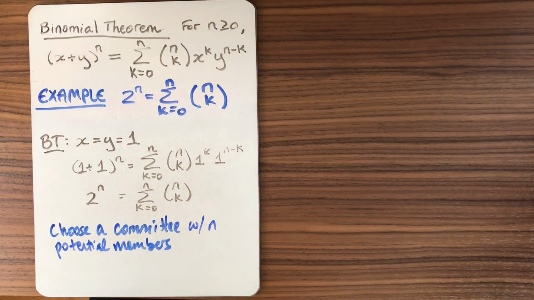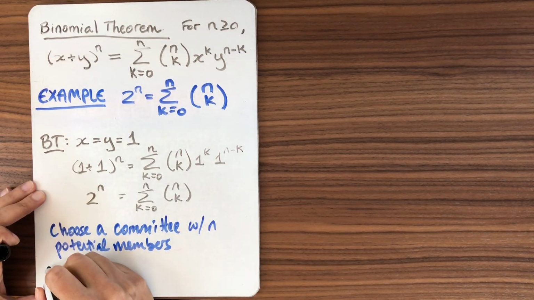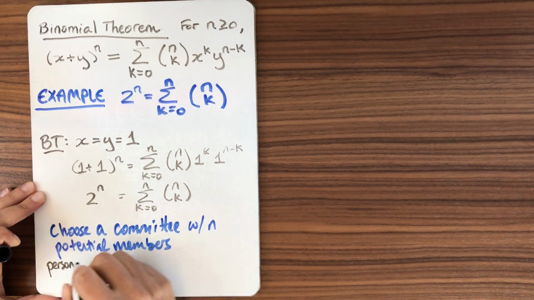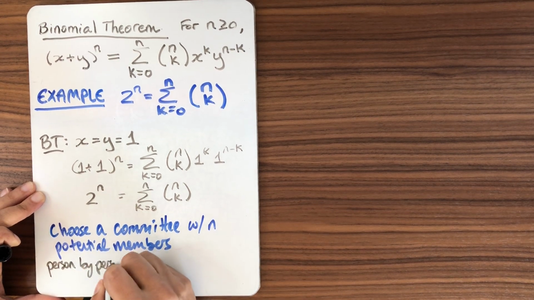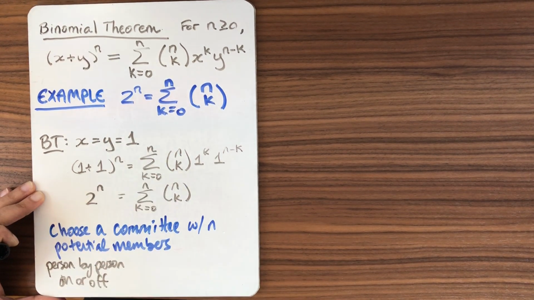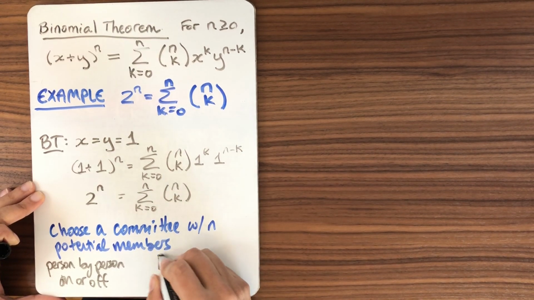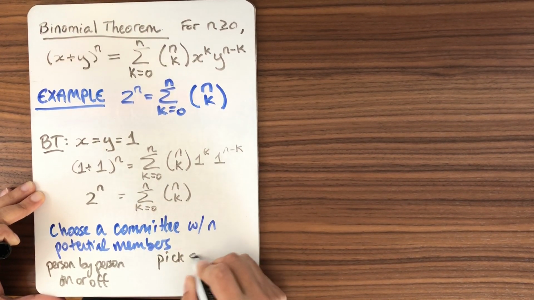This is a counting in two ways kind of proof. The left-hand side goes person by person, in or out, or on or off. Are you on the committee or are you off the committee? I've got 2^n choices. What does this side do? This says pick a size that you want your committee to be.